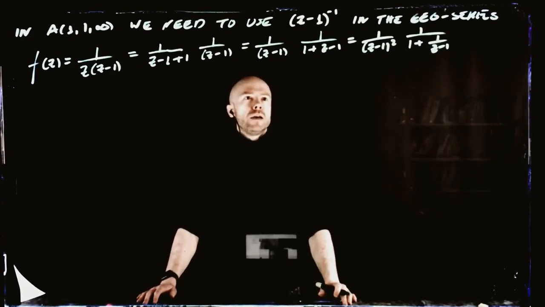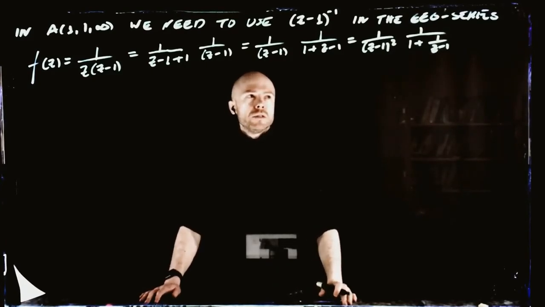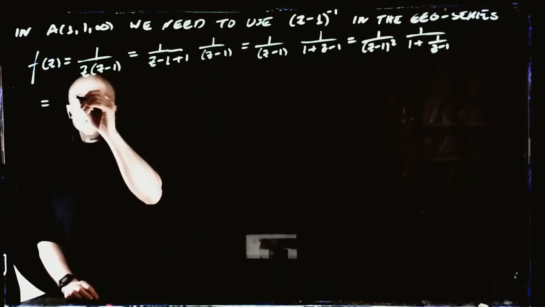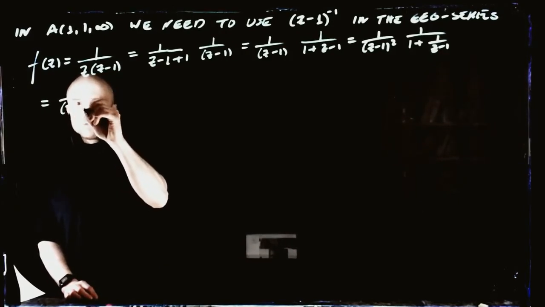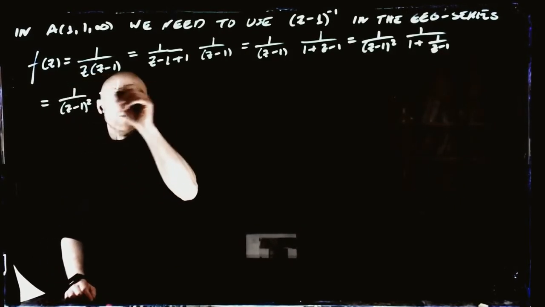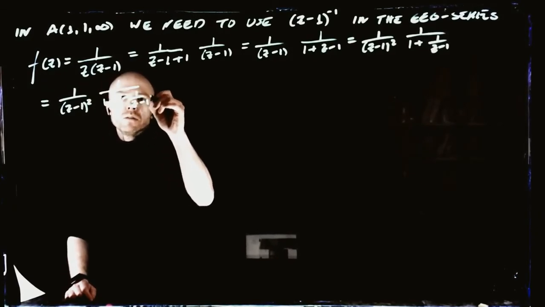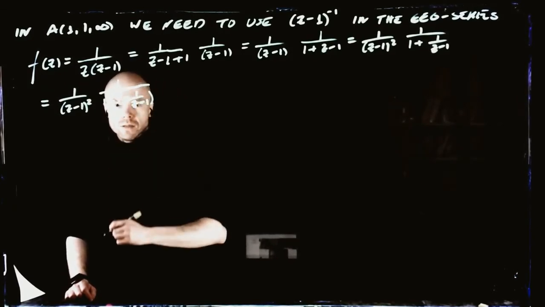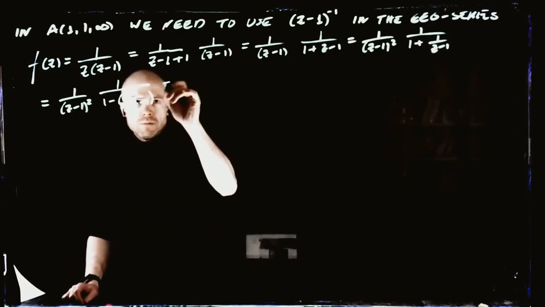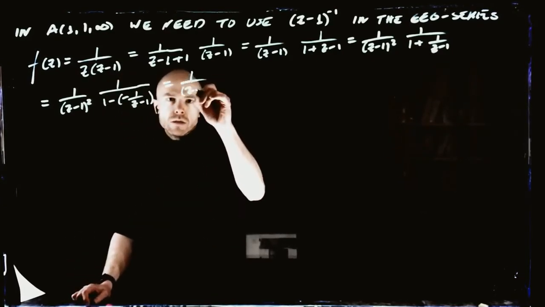Have we got the signs correct? Yes, we do. So let's write this as 1 over z minus 1 squared, and 1 over 1 minus 1 over z minus 1, like this. Yeah, like this. And then power series this thing.